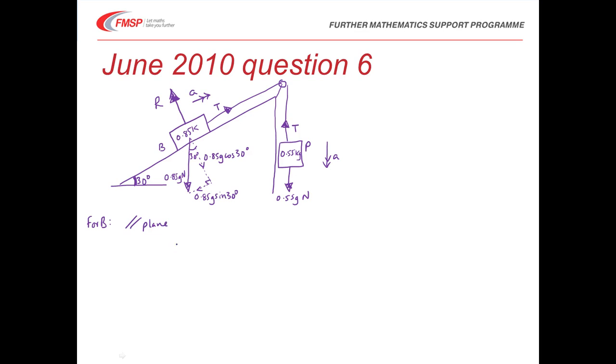Well, I've got a force up the plane of magnitude T. Don't know that yet, I'll find that out in a minute, minus the component acting down the plane, the component of the weight, 0.85 G sine 30. And all of that is equal to the mass, 0.85, times the acceleration, also at the moment unknown. Well, there's equation 1.